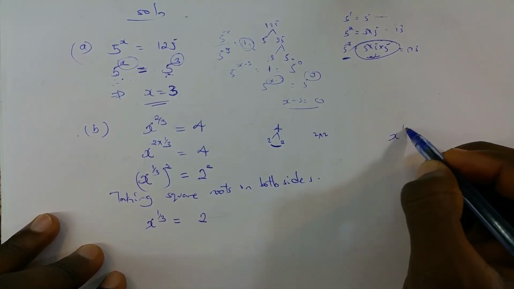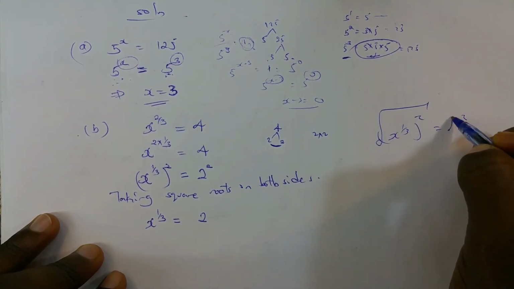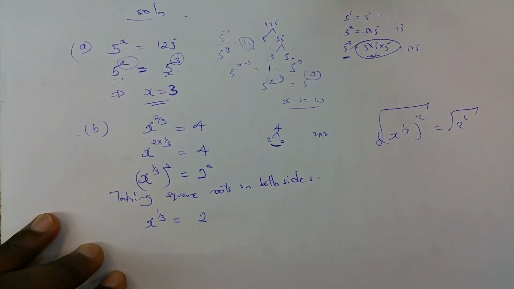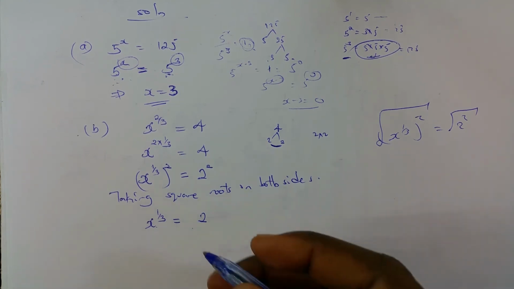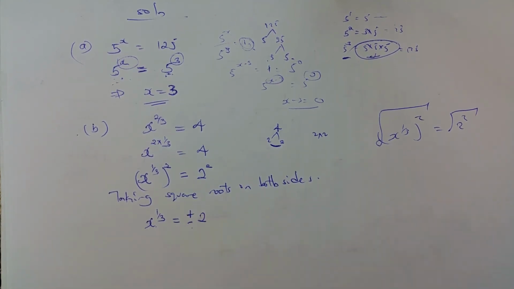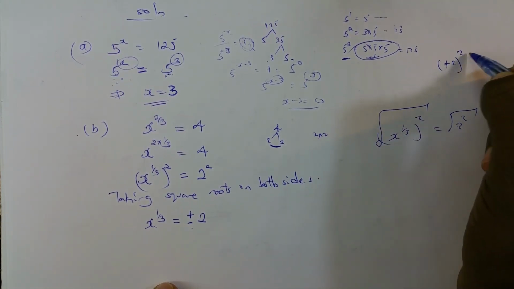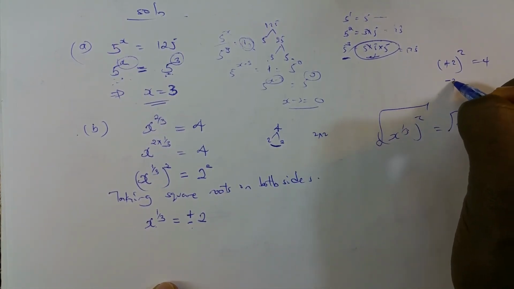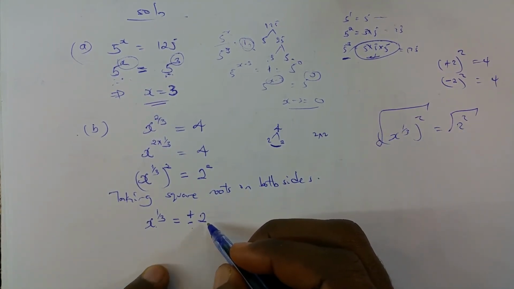That means x to the power one third squared equals 2 squared, and we take the square root. But remember that every time we have a square root, we need to consider a plus or a minus for our result. Why? Because if you square positive 2, you're going to have 4. Likewise, if you square negative 2, you're still going to have 4. That's why we consider both cases.